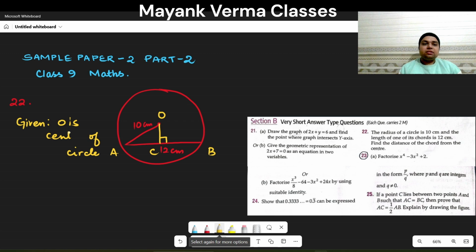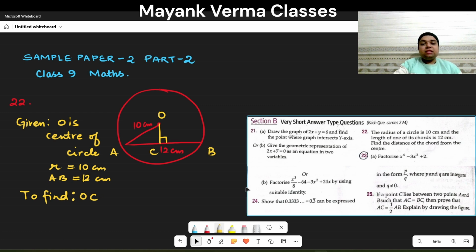The radius of the circle is equal to 10 and the chord length is 12. So AB is given as 12 centimeters. What we need to find? We need to find OC, the value of OC. Okay, now what can I do in this?